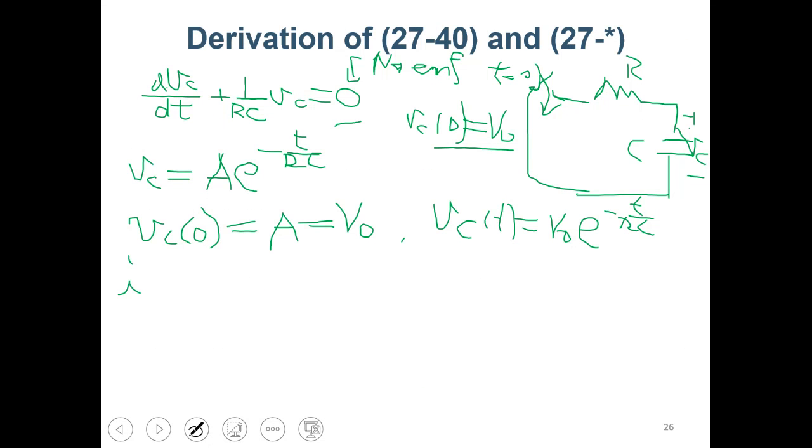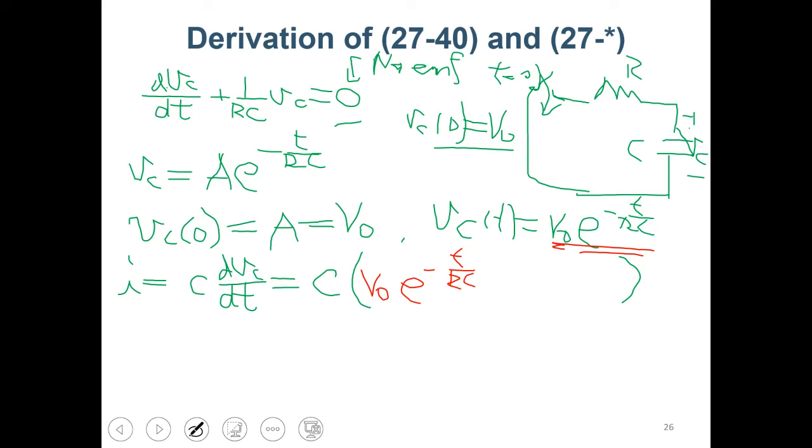And likewise, we can derive i equals C dVc/dt, which is equal to C times the derivative of this one. So first V0, and then the derivative of the exponential function, which is itself. And then the chain rule, we take the derivative of the exponent, so it is minus 1 over RC. So finally, C and C cancel.